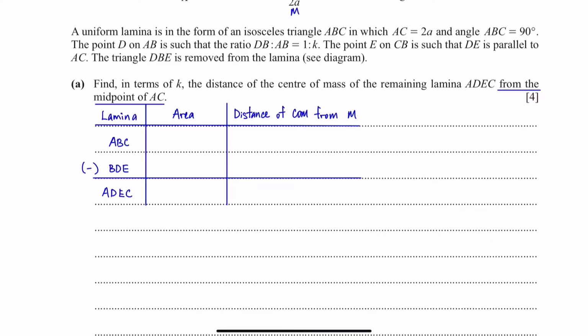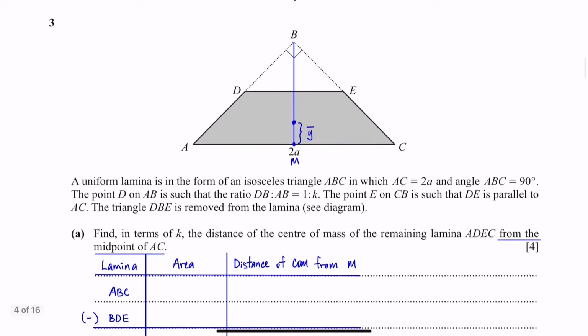So we will first need to find the area. So area of ABC. So now we know that this is 45 degrees because it's an isosceles triangle. So this is 45 and this is a.